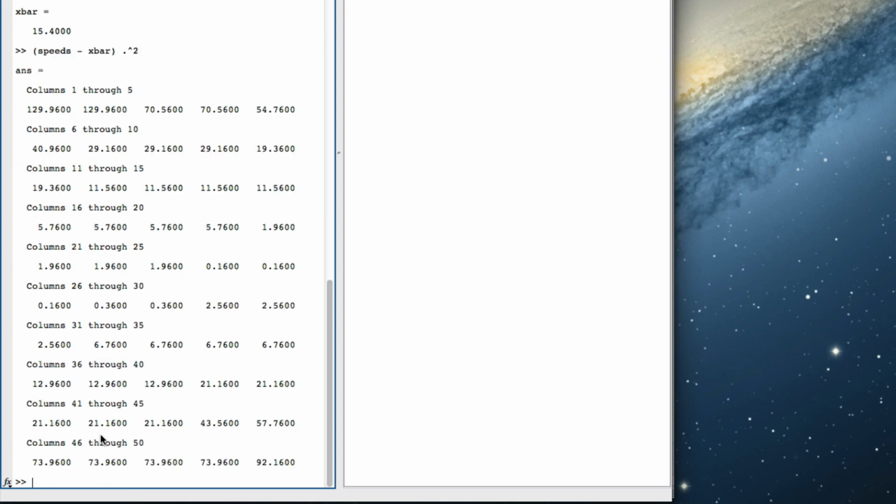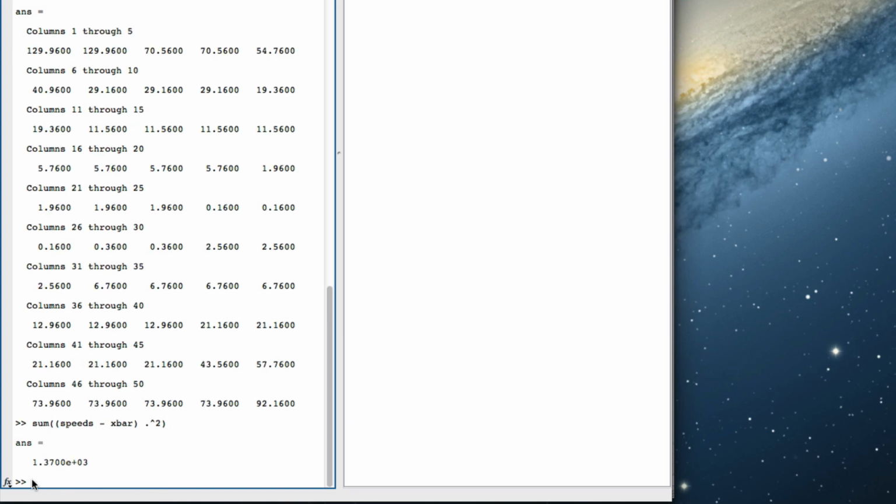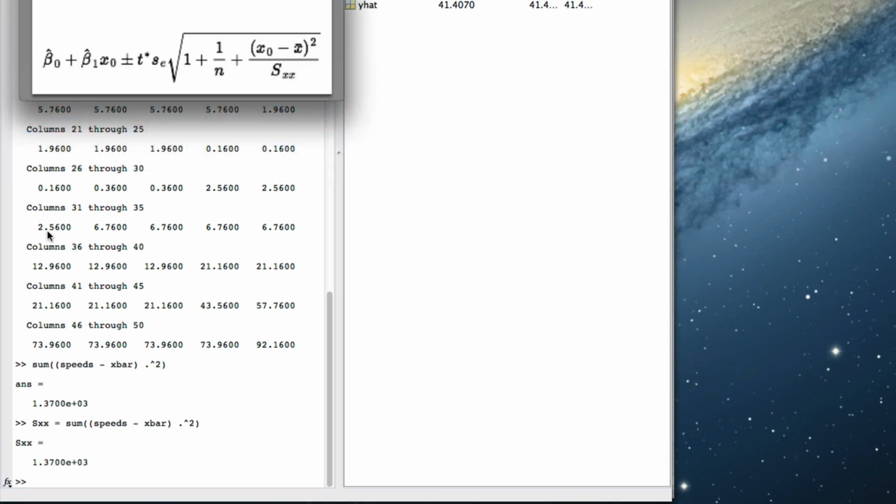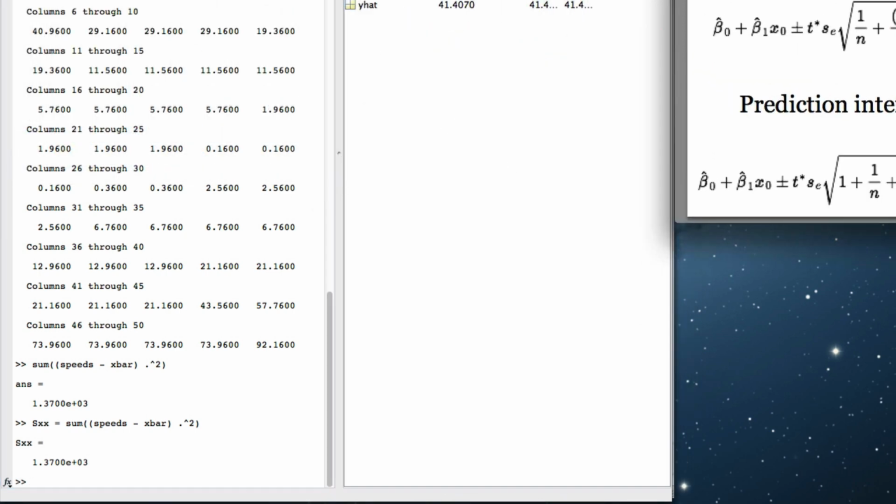So we'll square them all. So this is basically the first value of speed minus the x bar, squared, etc. And I'm going to take all of that and add it all up. So I get that value there. So let's call that SXX. So I should have pretty well everything I need now.